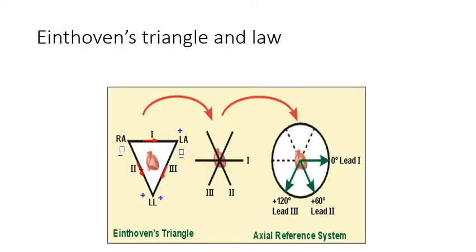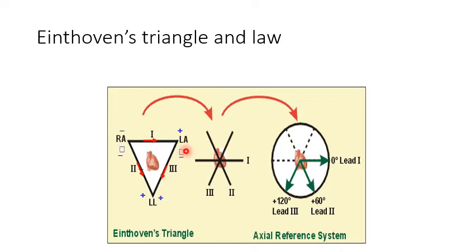Again, this is the Einthoven's triangle that we talked about in the last lecture when we talked about the bipolar limb leads 1, 2, and 3. You can see here lead 1 from right arm to left arm, lead 2 from right arm to left leg, and lead 3 from the left arm to the left leg.